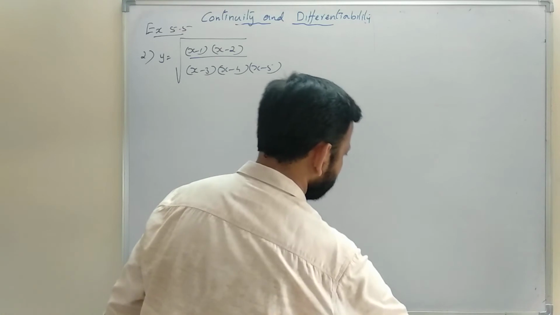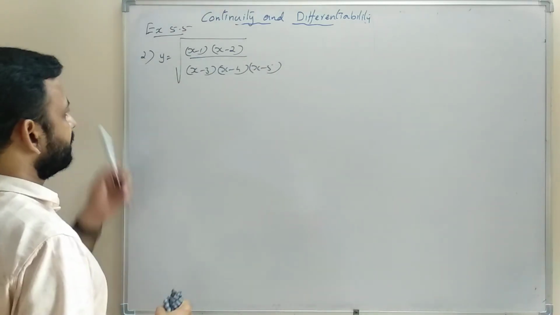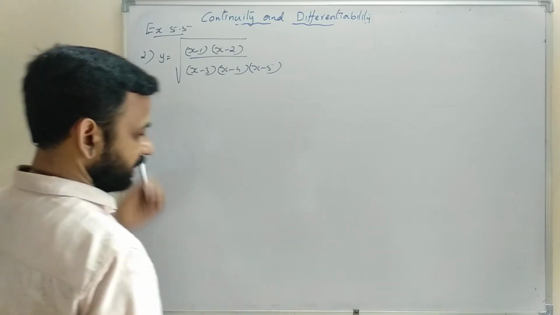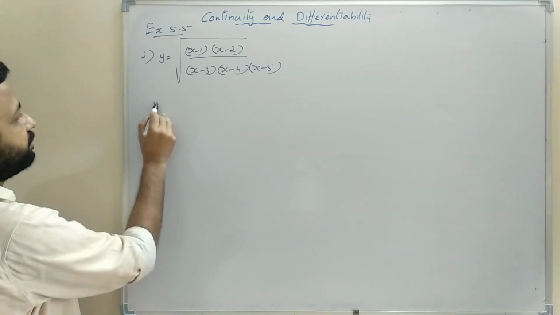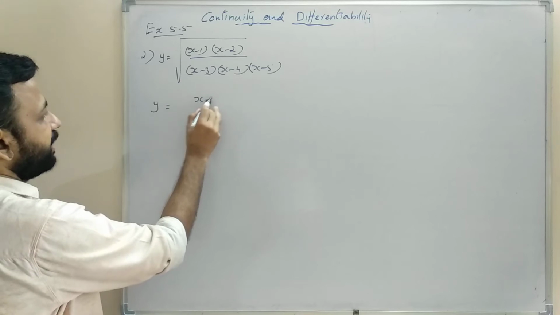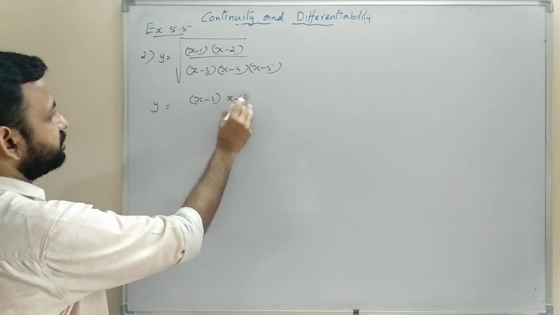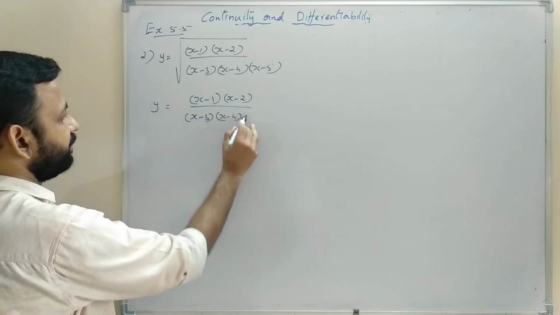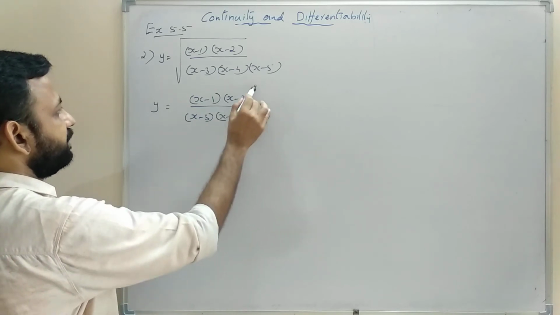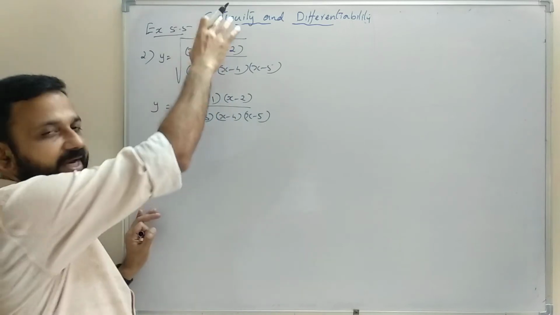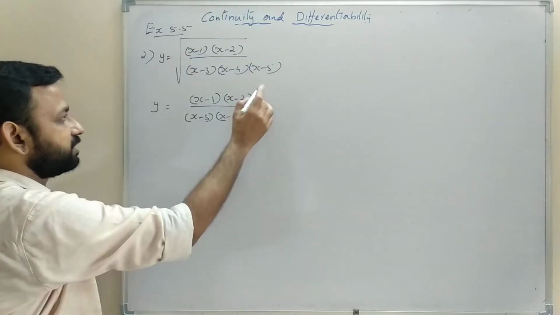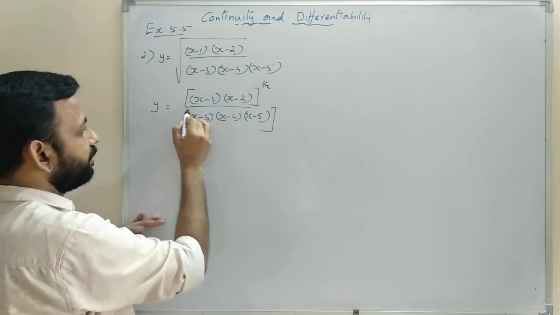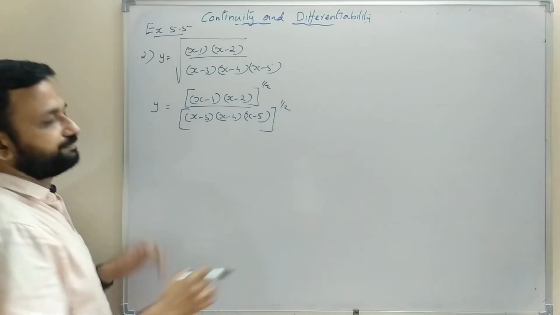In exponential form, y is equal to x minus 1 into x minus 2 divided by x minus 3 into x minus 4 into x minus 5, raised to the power 1 by 2. This is radical form, exponential power raised to the power 1 by 2. So numerator raised to 1 by 2, denominator raised to 1 by 2.